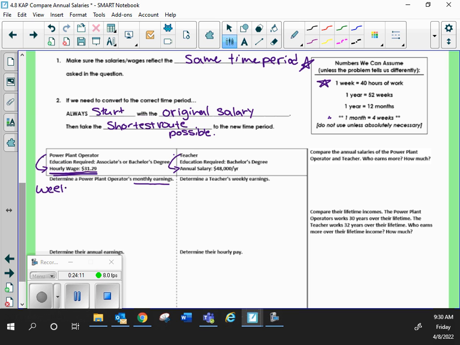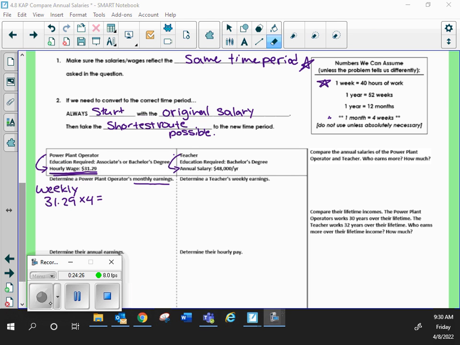Weekly, I'm going to take that 31.29 and multiply by 40, because that's the number of hours in a week. Let's use a calculator. It's going to be $1,251.60.